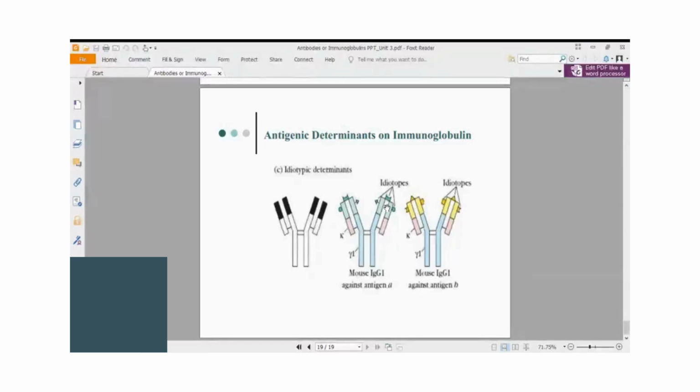And therefore, these idiotopes or idiotypes play a major role in the autoimmune response. You know that the individual suffers from a disease where his own antigens are attacked by his own antibodies. Those antibodies are produced against autologous antigens, that is, self antigens.